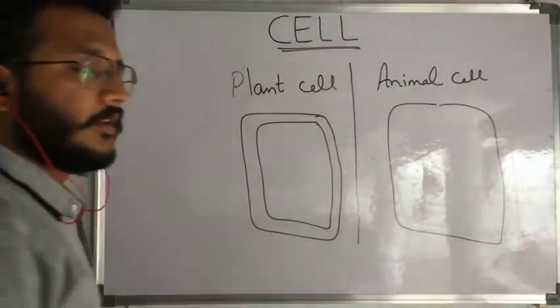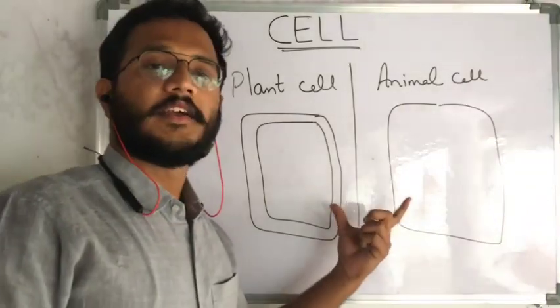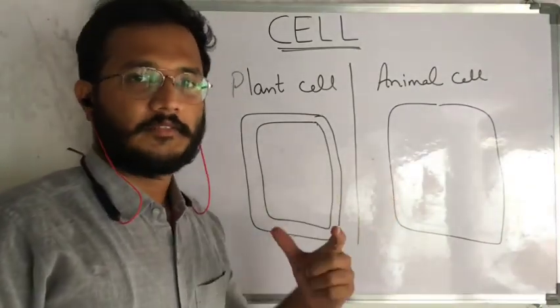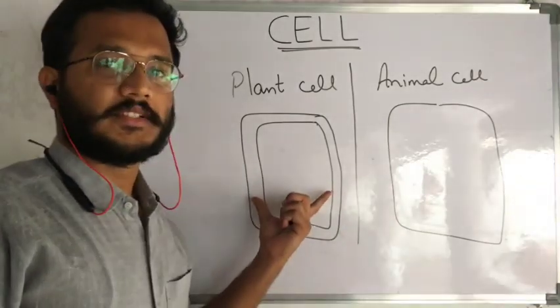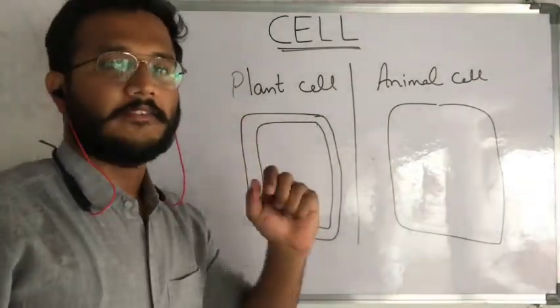See here, by seeing this you can observe the first and most important difference. The plant cell has 2 layers and the animal cell has only 1 layer.